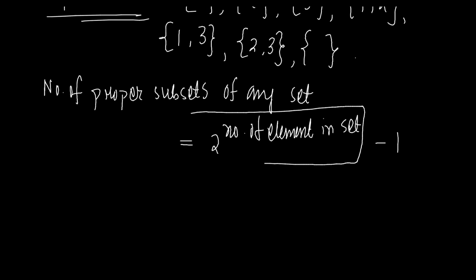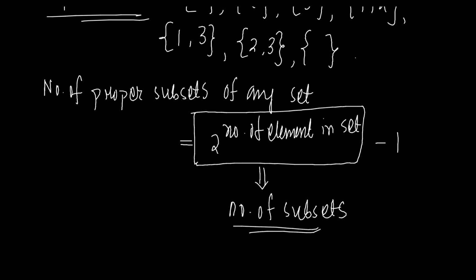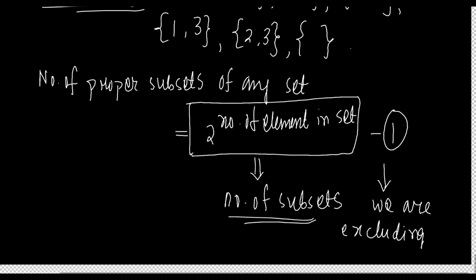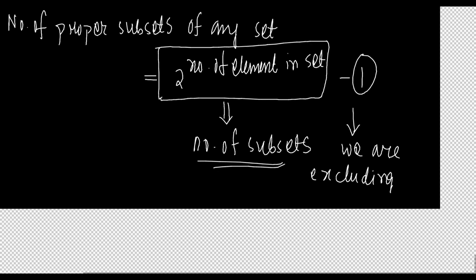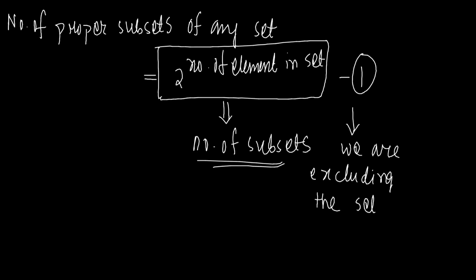Now you can see these are the number of subsets. We have written that the number of subsets is 2 to the power n(A), that is 2 to the power cardinal number of the set. So this is the number of subsets, minus 1. Why this minus 1? Here it is minus 1 because we are excluding the set itself.